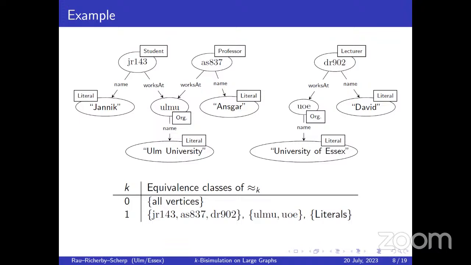These two nodes representing universities, Ulm U and UOE, have a name edge but no worksat edge. And finally, the literals, the strings, are all equivalent to each other and to nothing else because they have no edges coming out at all.